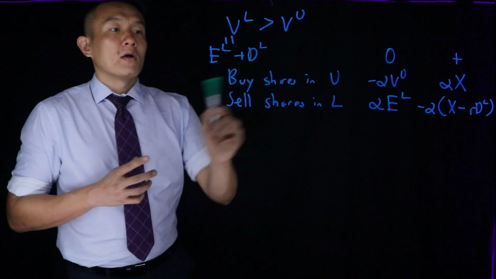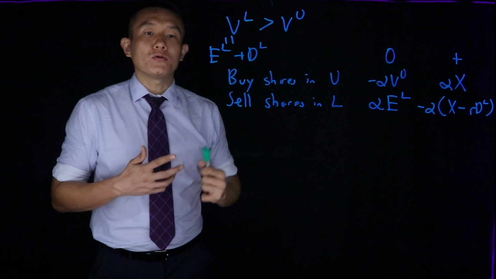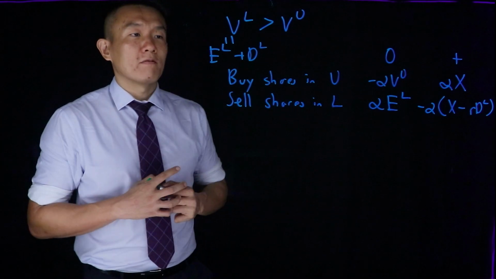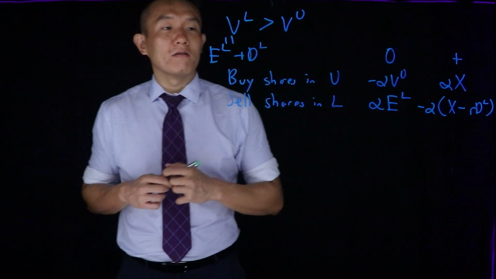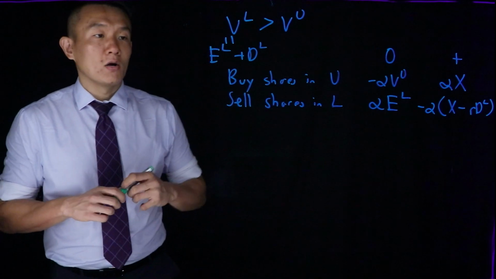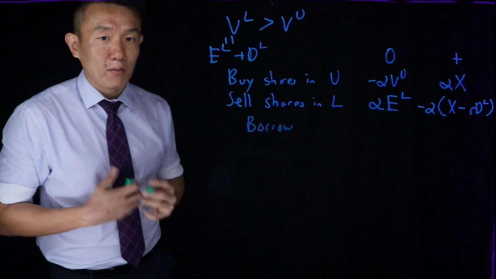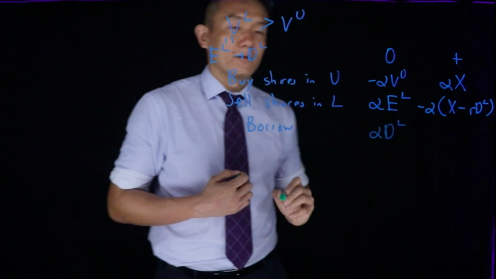So rather than just selling shares in L, I want to sell the whole firm. So I want to sell firm L's equity, but I also want to sell firm L's debt, which means that I need to borrow. And how much am I going to borrow? I'm going to borrow alpha DL.